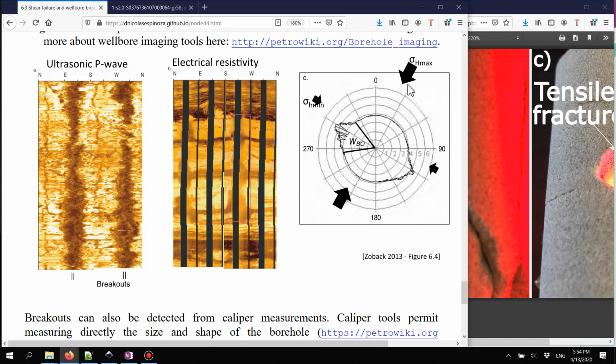If the maximum stress is going in this direction, the breakout angles are going to be in perpendicular direction right over here, here and there. So if we know the orientation of the breakout angles, we know what is the orientation of the stresses that cause those breakouts.